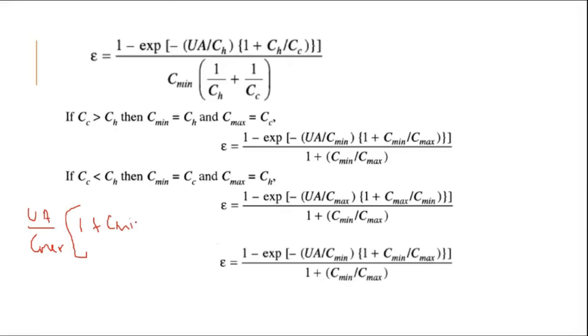Sorry, multiplied by 1 plus Cmax divided by Cmin. Is it what we are getting, or have I made some mistake? Whatever I have written, is that correct? Are we getting the same thing over here in the exponential term?